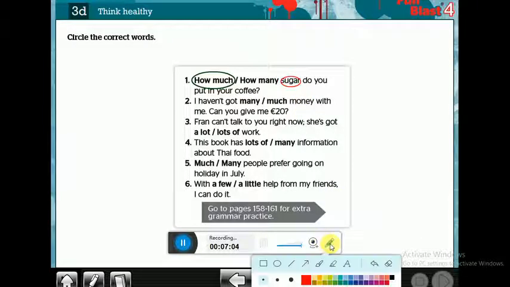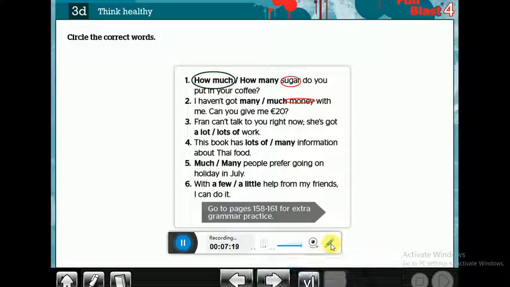Here, we have a circle on money. Do you think money is countable or uncountable? Good. So money is an uncountable noun. So I can say much money. Very good.